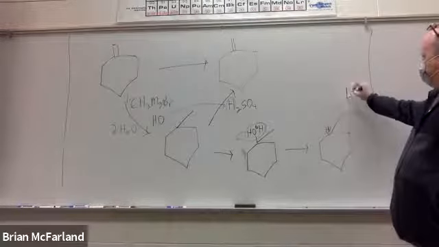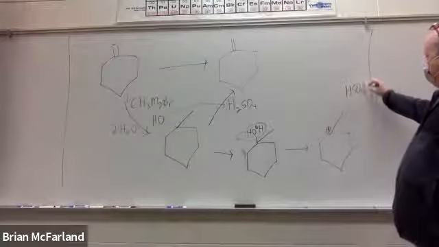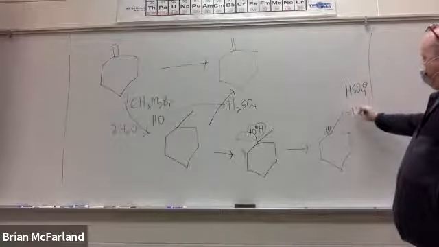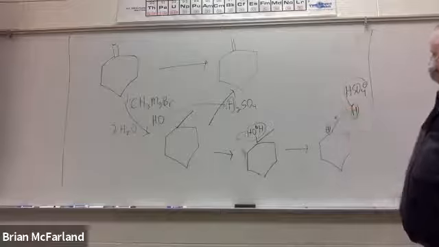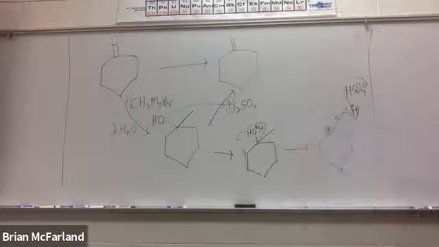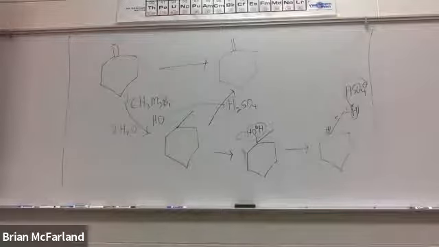Then our HSO4 minus grabs a beta hydrogen. And these electrons swoop down. And that's how you make that. All right. Just a little reminder of the mechanism that we use for that last step.